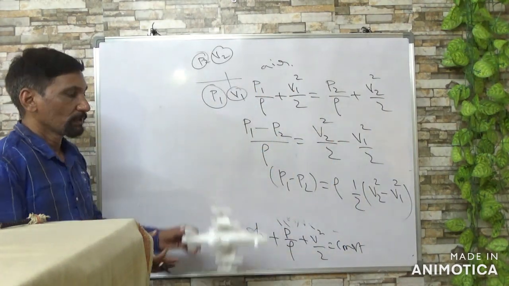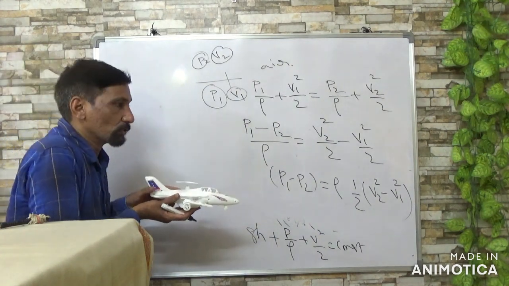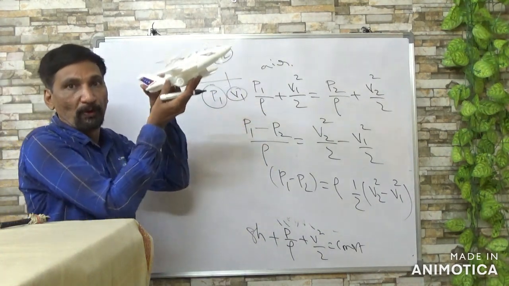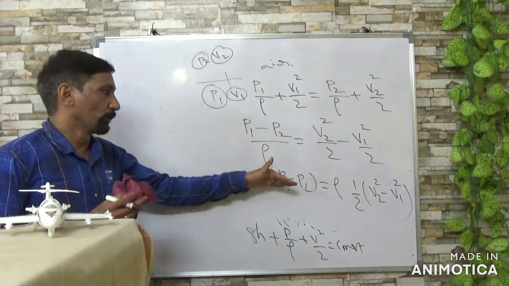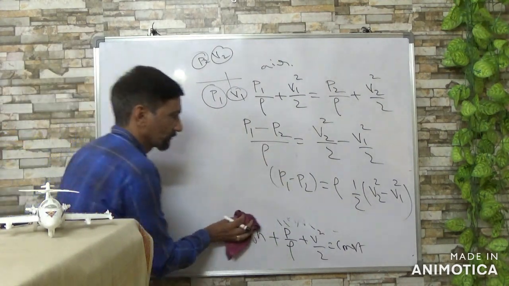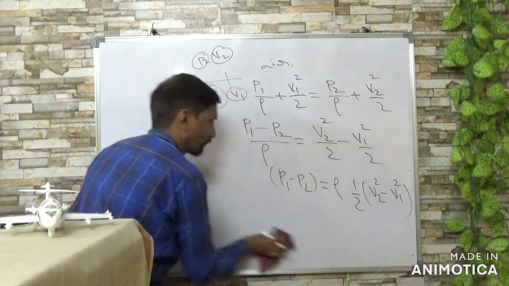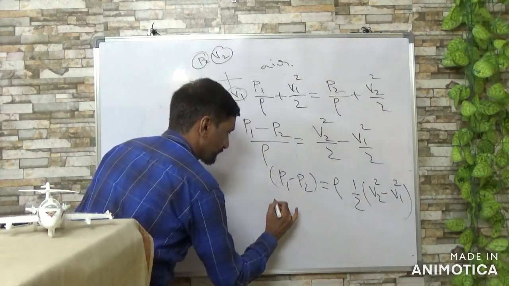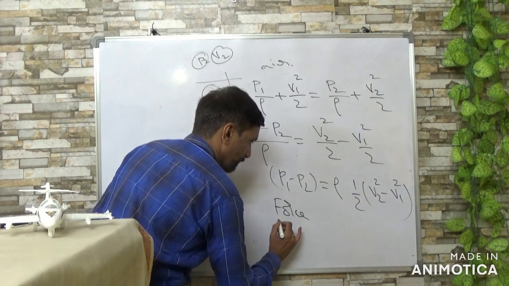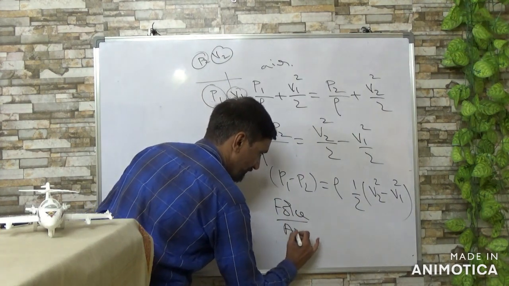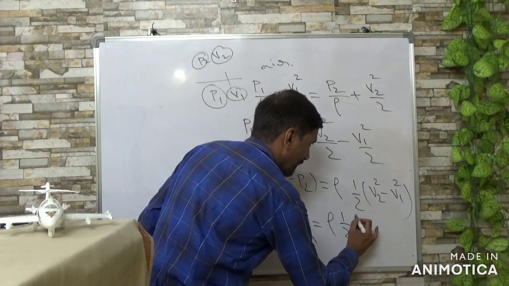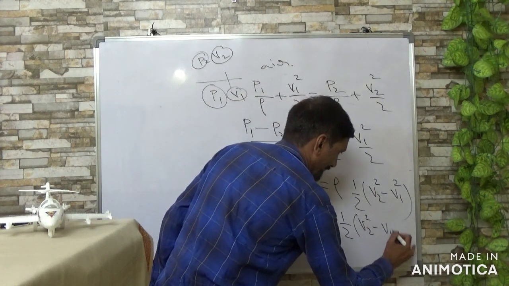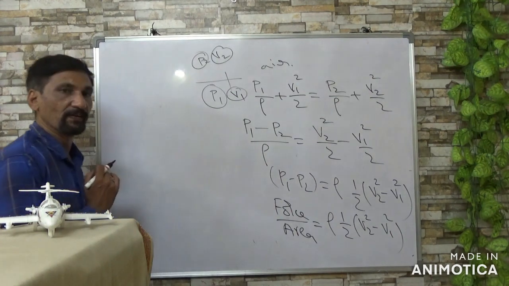Suppose you want to know the force required to lift up this aeroplane. Pressure can be further changed into force by area. So force or thrust by area is equal to rho into half of V2 square minus V1 square.